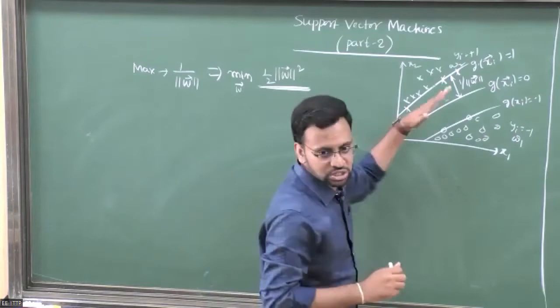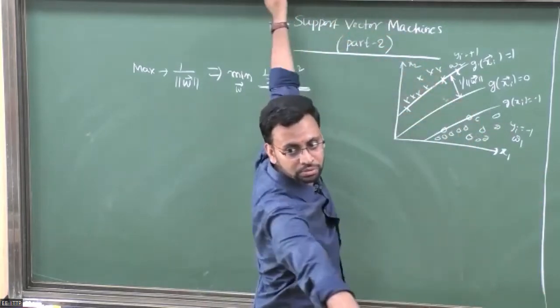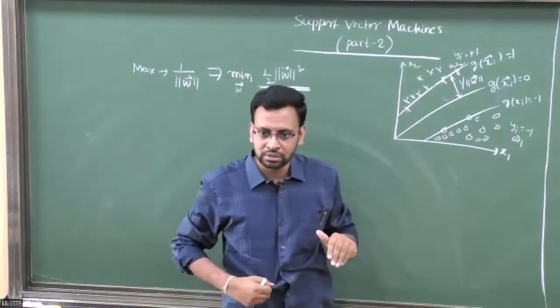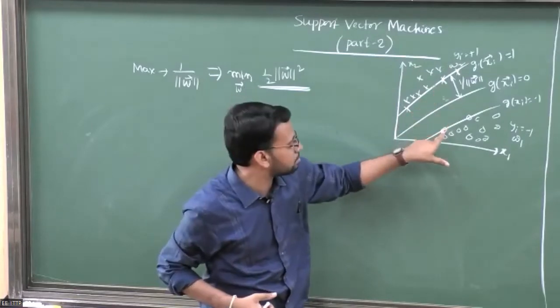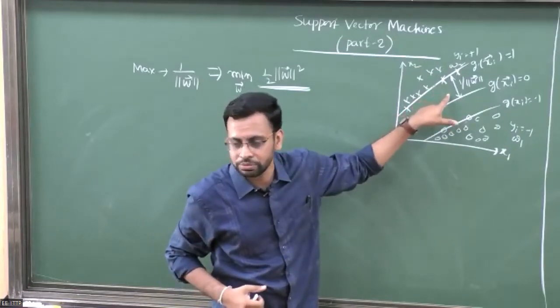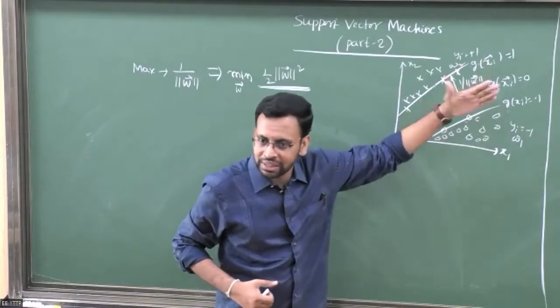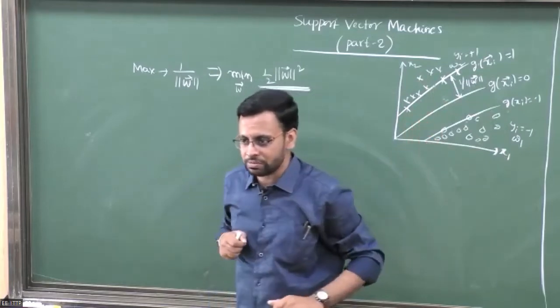If you just go on increasing W bar, it can go anywhere, right? It will go to infinity. What was the other constraint that we should have here? There should be no samples in between. And for those samples which are there here, of course, this would be 1, right? For all the rest, it should be greater than 1 once you multiply it by yi.